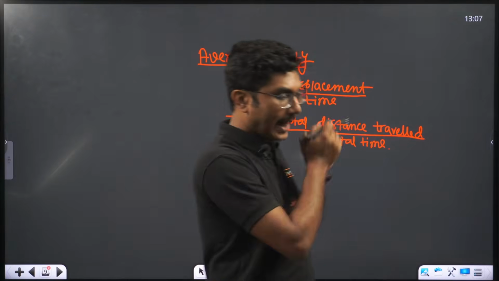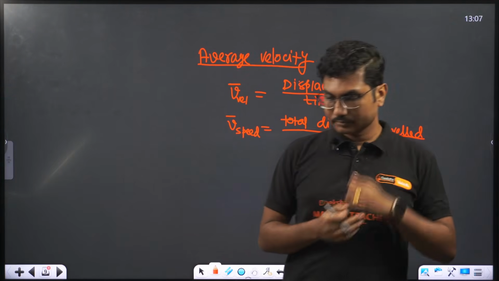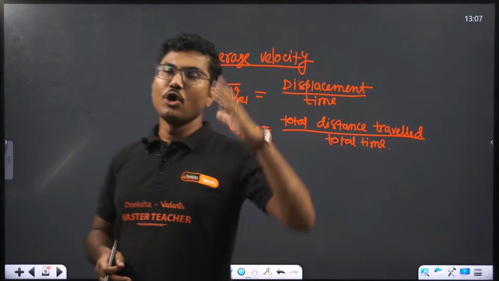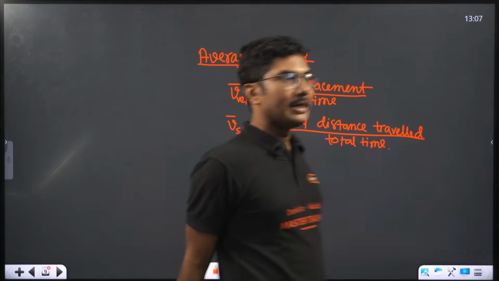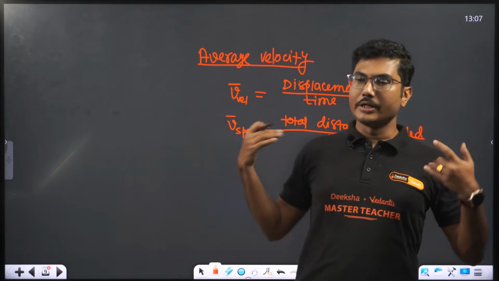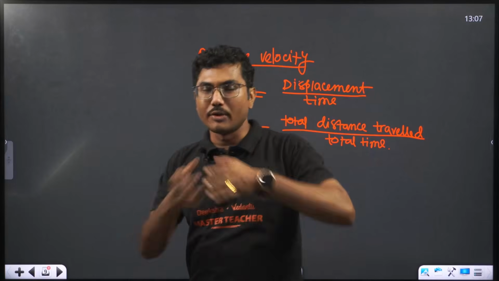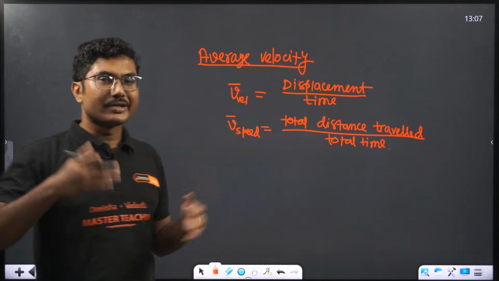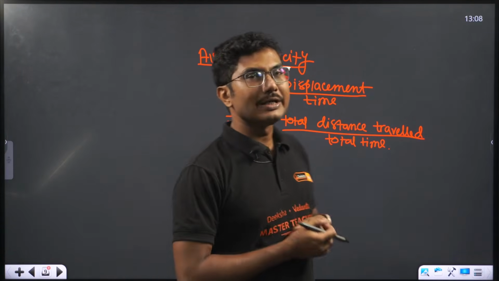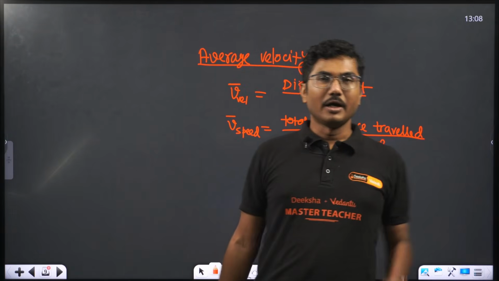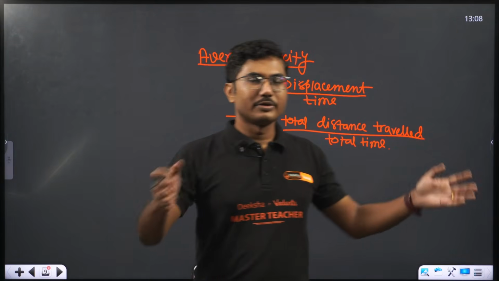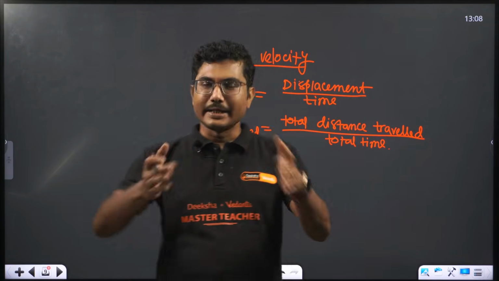We assume that the object has moved with the same exact constant speed for the entire duration, which is somewhat beneficial because it gives us an idea of the average speed or velocity throughout the journey. But it will not tell us, for example, that you are traveling on a highway where the speed limit is 80 km per hour.